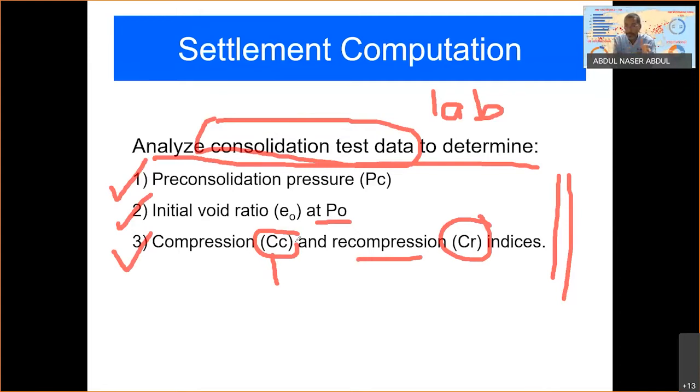For example, you want to improve the soil by using vertical drain. So you need to know what would be the different settlement if you use vertical drain and without vertical drain, or with more vertical drain and less vertical drain, or you use other methods, whatever. This information is required.